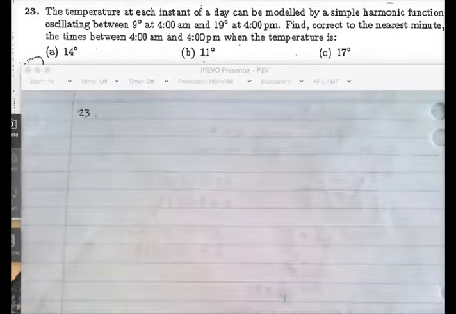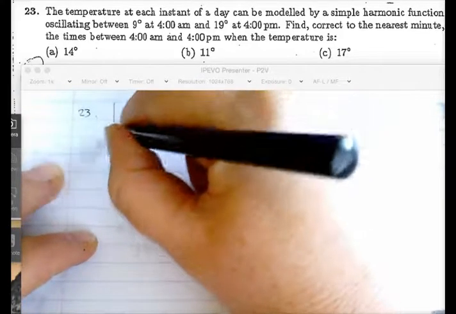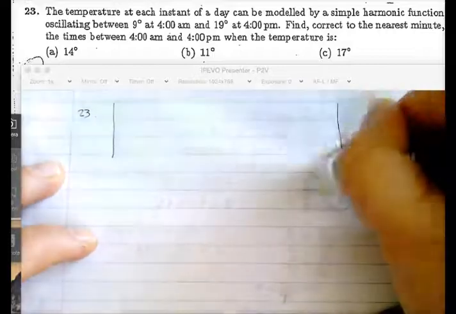Okay, it says the temperature at each instant of a day can be modelled by a simple harmonic equation. Remember, simple harmonic, we're just looking for a sine curve or a cos curve, oscillating between 9 degrees at 4 a.m. and 19 degrees at 4 p.m. So 9 plus 9. Okay, yes, we do know that it goes between, I'm just going to do a little thing over here.